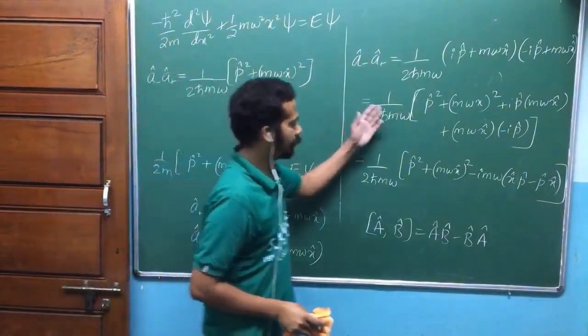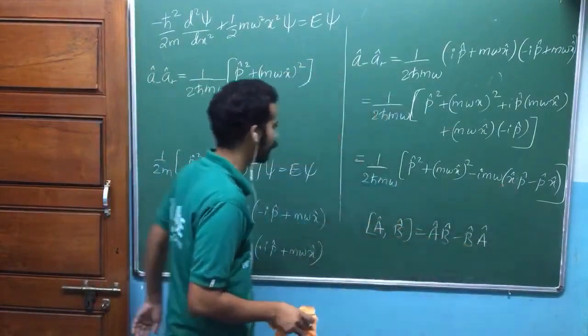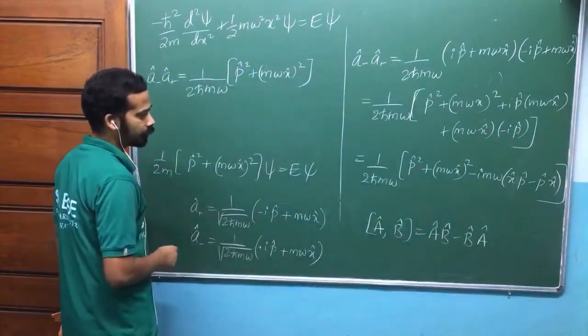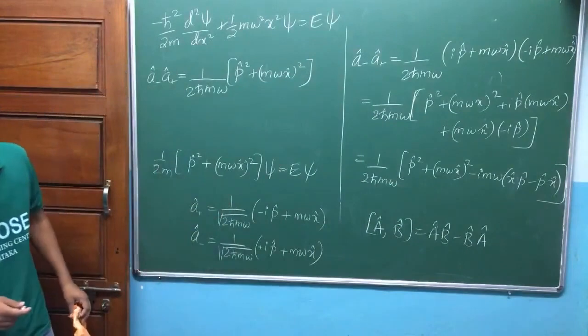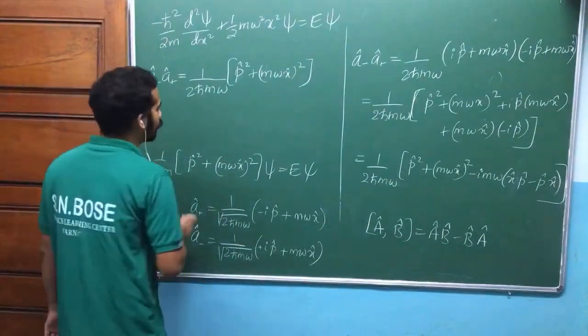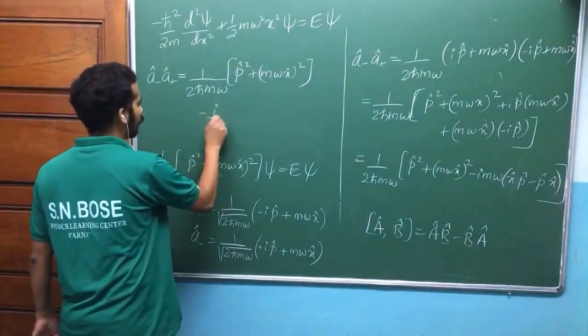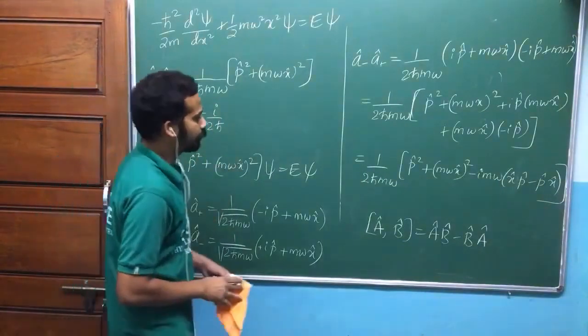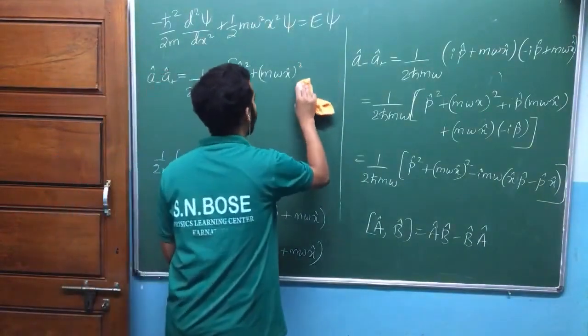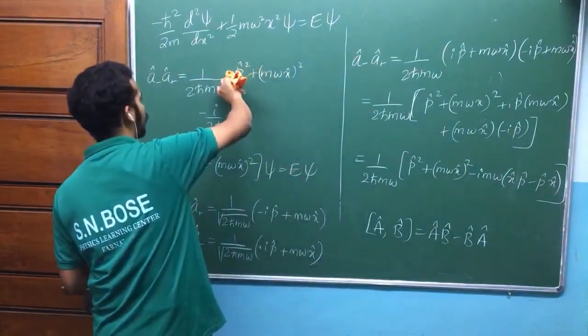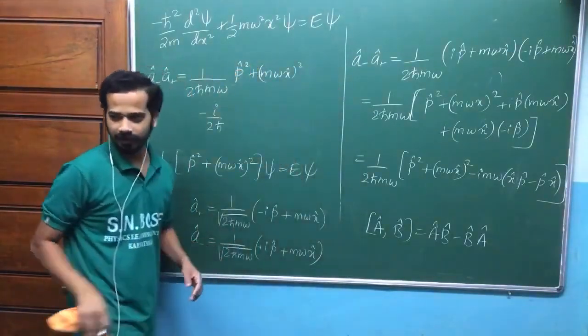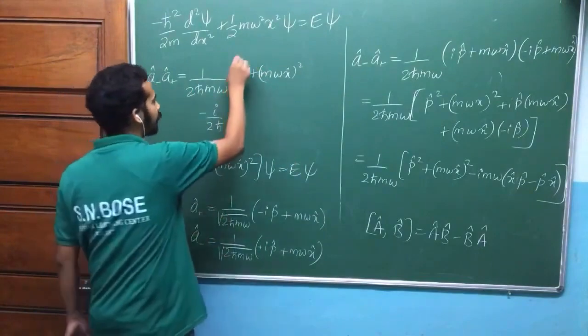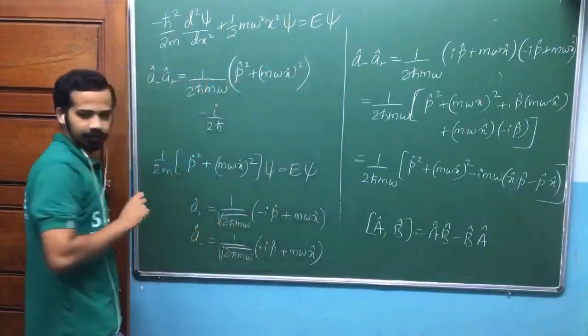Now let me take this one separately here. When I divide, I think minus i by 2, what will remain? Minus i by 2 h bar. I'd better put a curly bracket or some other bracket here. Why? It looks like a commutator again. Is that okay? So shall I write like this? That's the best idea.